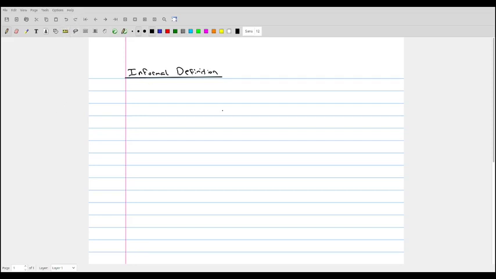So the informal definition of the limit is very similar to the definition of the limit for single variable functions.